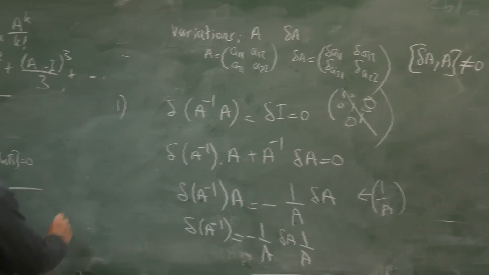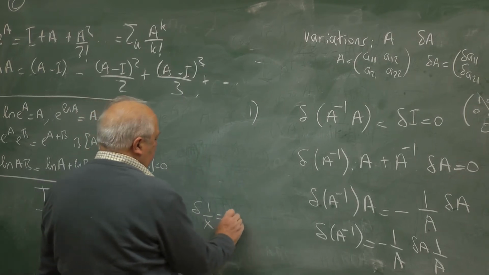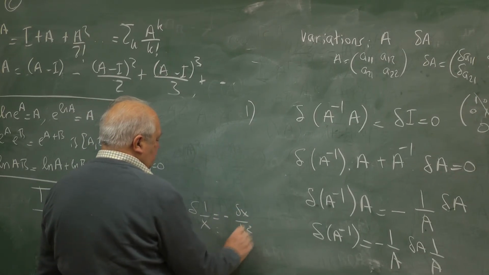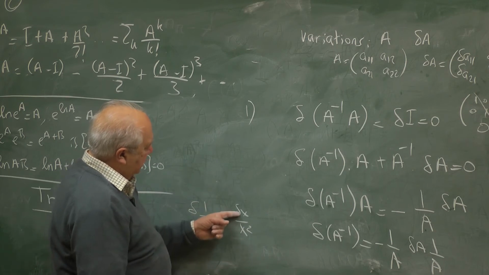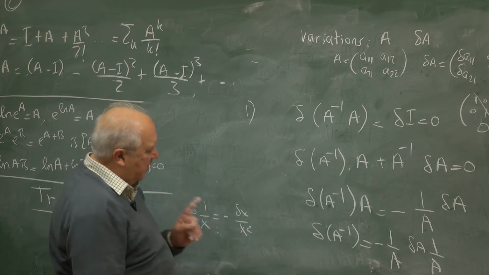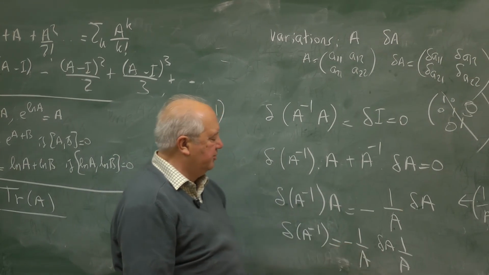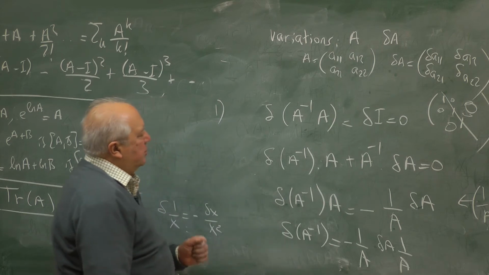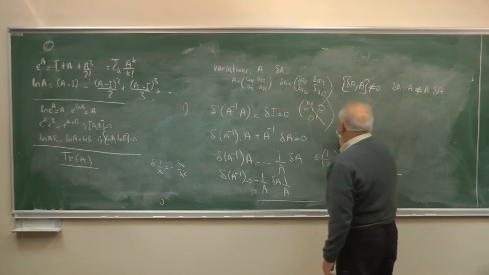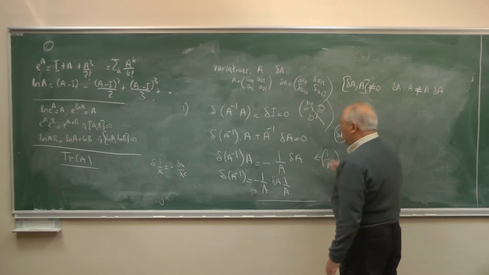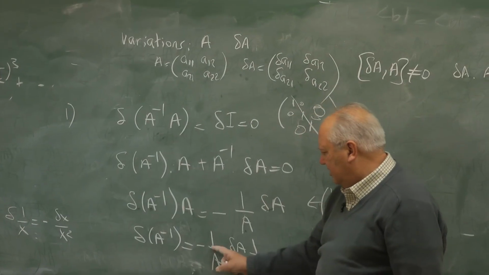This looks like, for example, delta 1 over x is minus delta x over x squared. But you can write it there because delta x and x commute. Here we have matrices and delta A and A do not commute, so we have to keep track of the order. So if a certain delta A is given, then delta of A minus 1 is not arbitrary, but it is given like this.